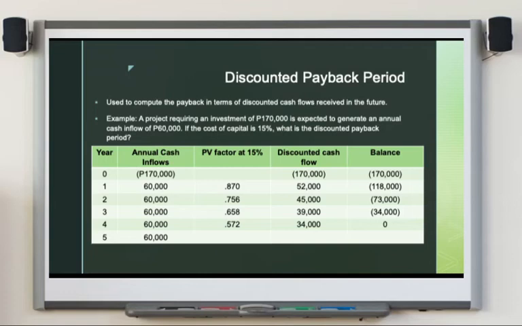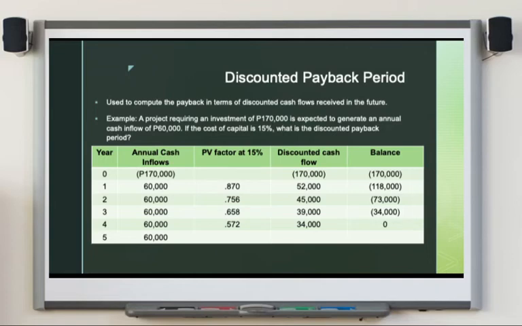So after the first year, we still have to recover 118,000 because the present value of the 60,000 today after a year is only 52,000. After 2 years, we still have to recover 73,000 because the present value of the 60,000 after 2 years is only 45,000. Add it to the 52,000 previous cash inflow at present value, that does not cover yet the entire net investment.